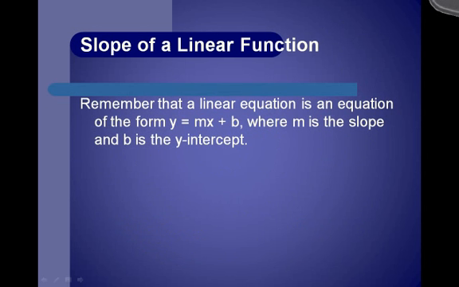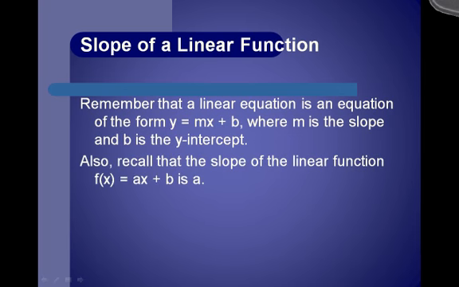Remember that a linear equation is an equation of the form y equals mx plus b, where m is the slope and b is the y-intercept. Also recall that the slope of the linear function f of x equals ax plus b is a.